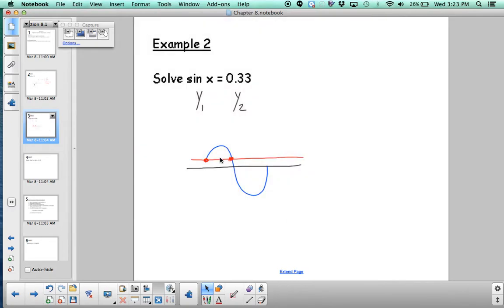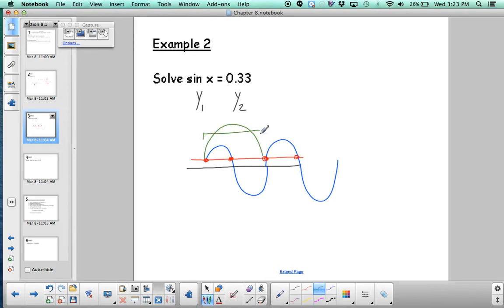So what's going to happen is as this continues, we're going to continue to have solutions, one here and one here. And what we need to realize is that from here to here, the distance on x is going to be 2 pi, and from here to the next one is 2 pi. And so that continues in increments of 2 pi, because our period is 2 pi.